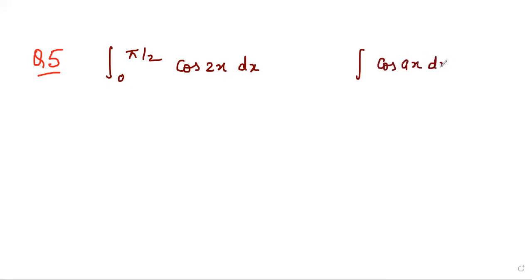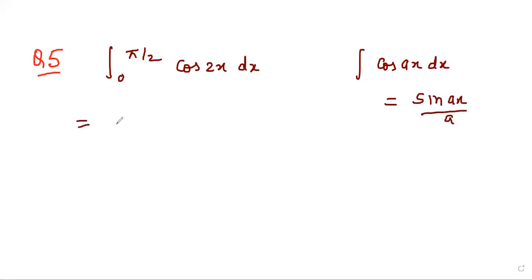It says integration 0 to pi by 2 cos 2x dx. Again, I'm going to apply direct formula. Cos ax dx gives sine ax divided by a.